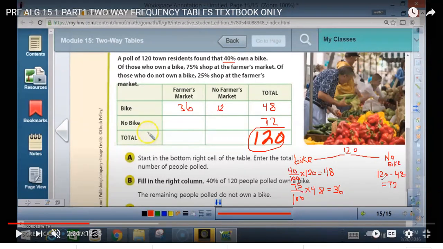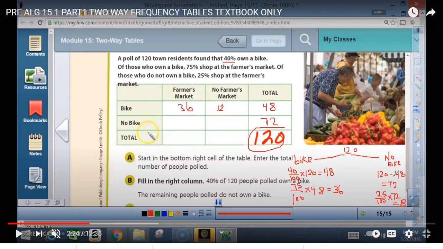Next, of those who don't have a bike, which is 72, 25% shop at the farmers market, so 25% times 72 will be equal to 18.